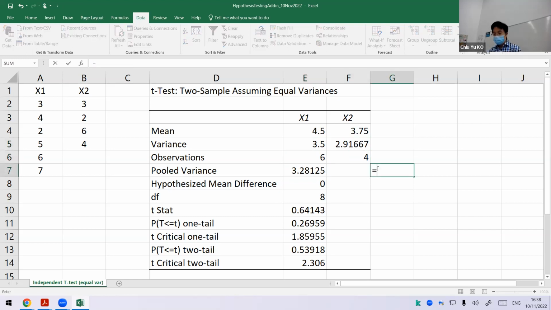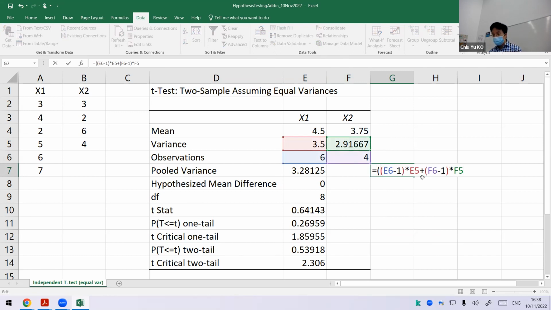Just to make sure you know what to do, it will be this N minus 1 times this variance, plus the other N minus 1 times this variance.